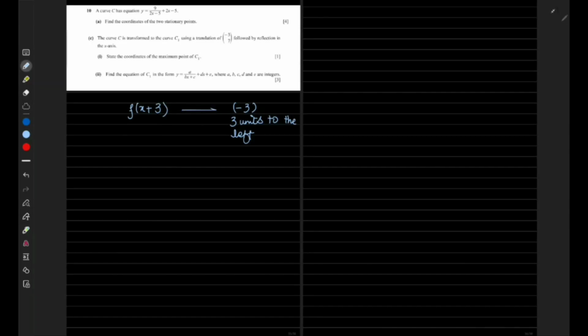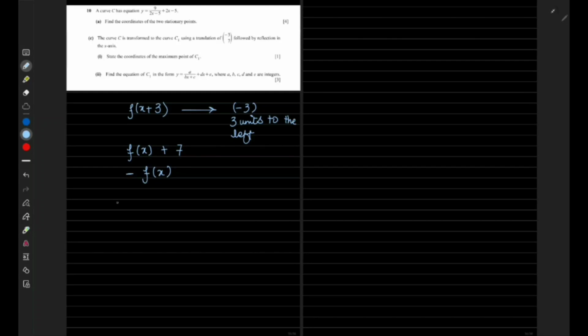F of x plus 3 represents 3 units to the left. And when we say 7 in y-axis is added, so we write it as f of x plus 7. And lastly, when we say reflection in x-axis, that means f of x or your equation must be multiplied by -1 or minus sign. Okay, so this is how you understand this transformation.